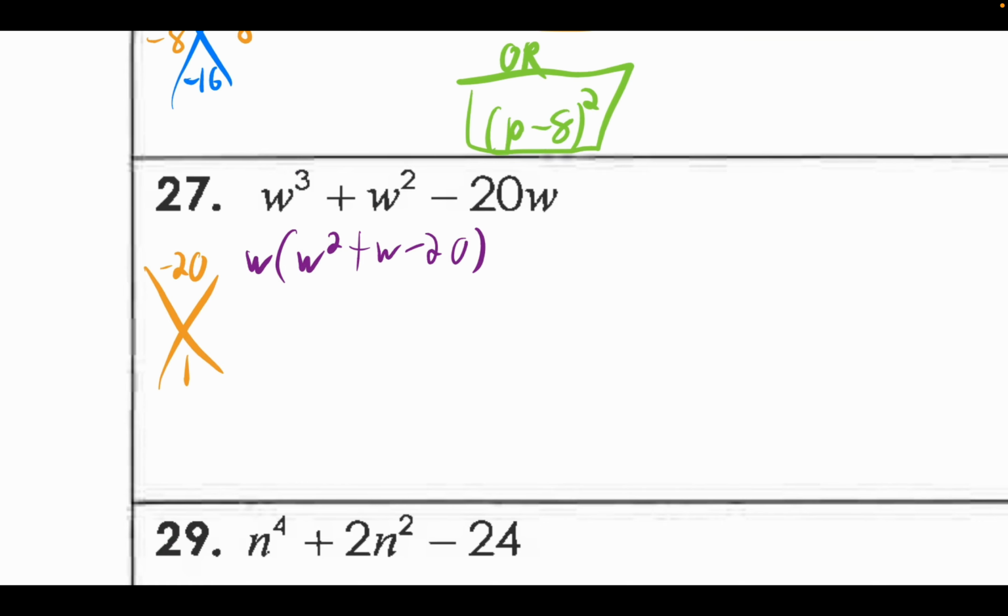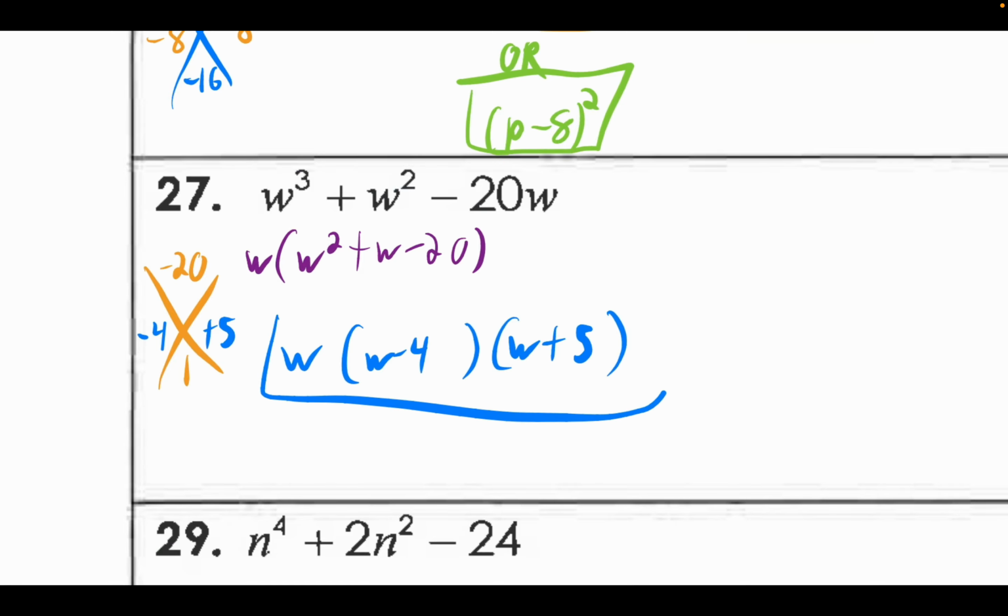And so you have to find two numbers that multiply to the top while adding to the bottom, and this will end up being negative 4 and positive 5. And so our two factors for what this turns into are w minus 4 and w plus 5. And this w cubed just remains out in front.